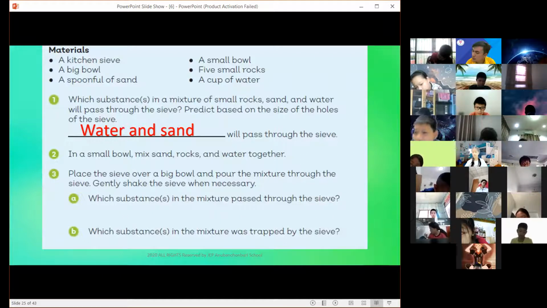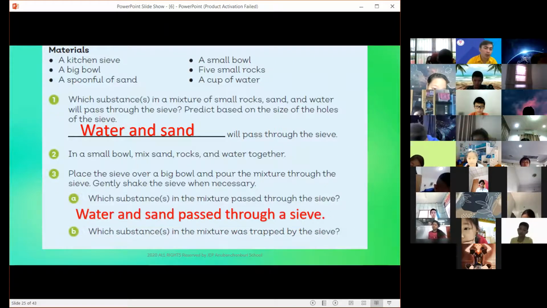The substances in the mixture that passed through the sieve are sand and water. Very good. Or water and sand pass through the sieve. If you answer water and sand, that would be perfect.